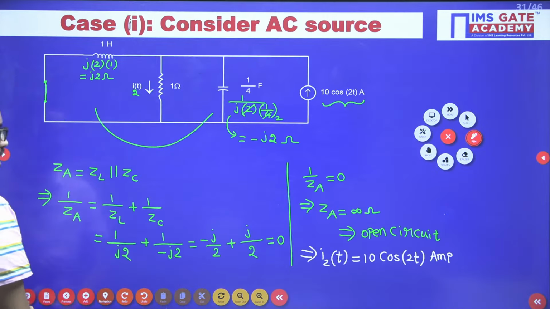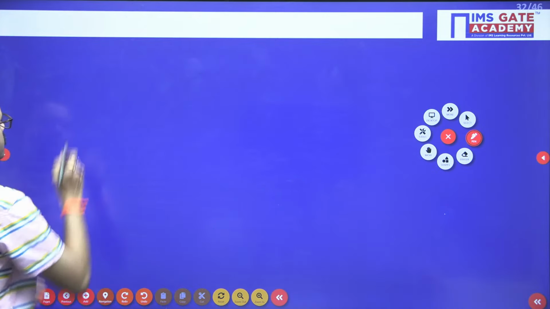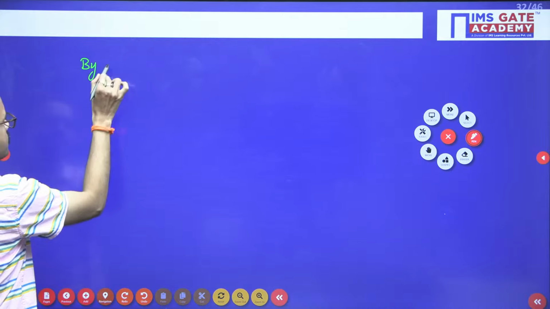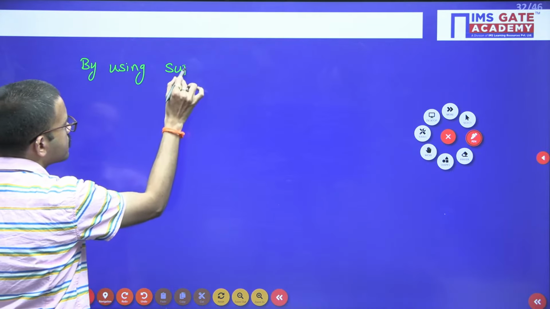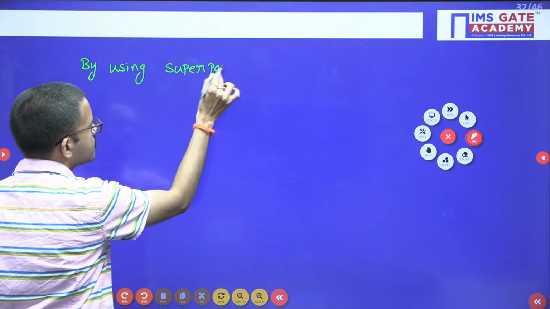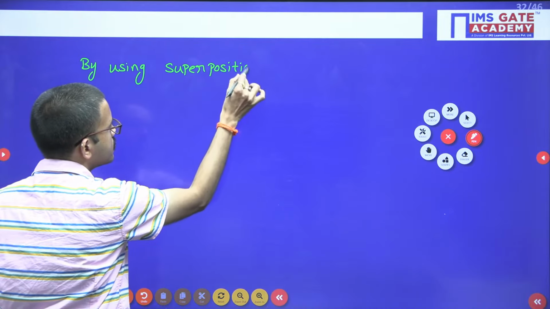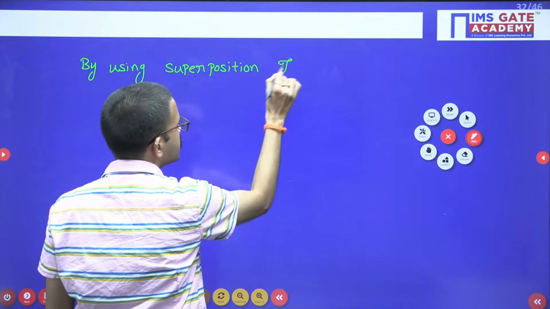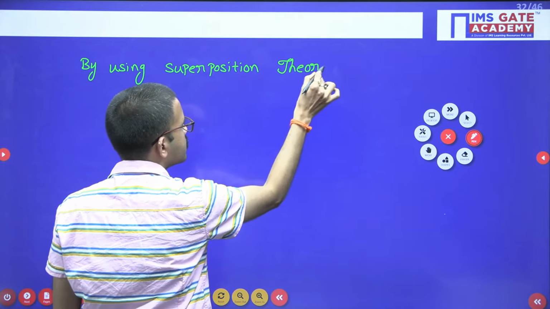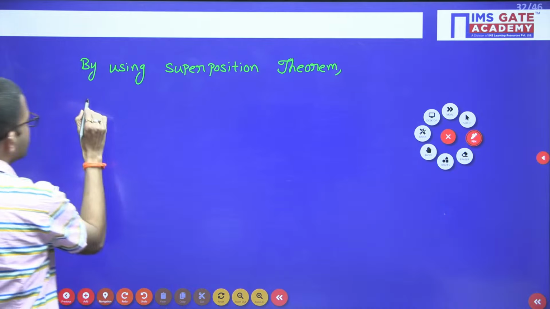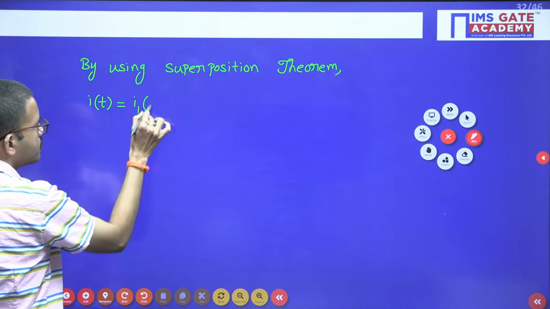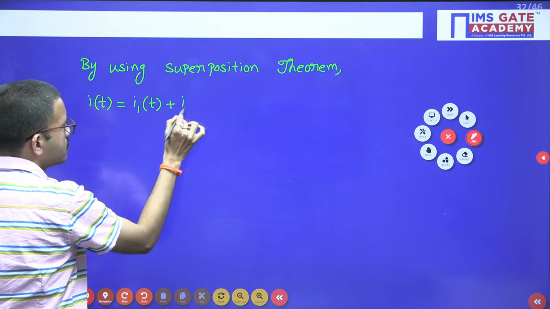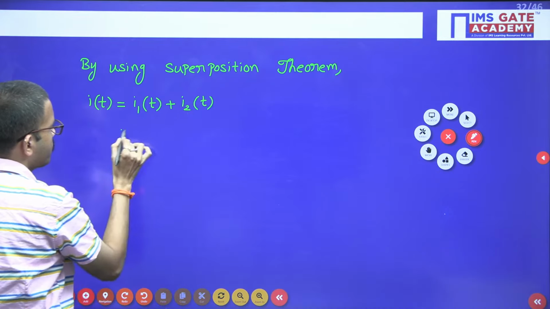So by using superposition theorem, I of t equals I1 of t plus I2 of t.